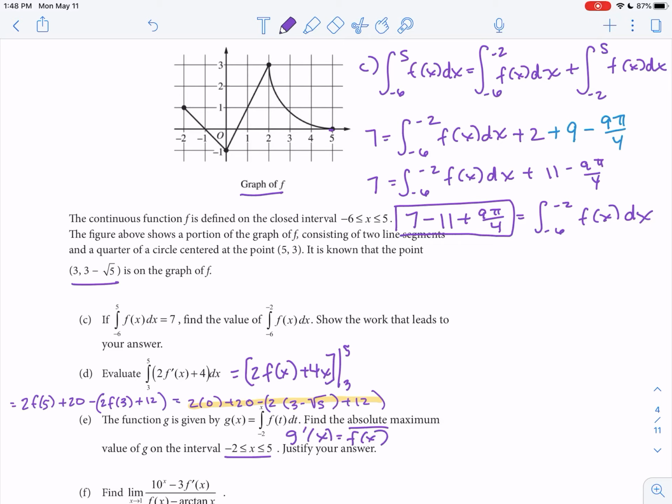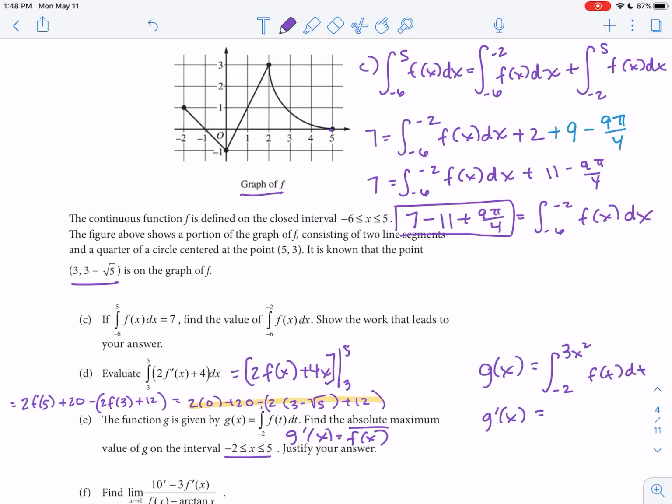If I just pause this problem for a bit, I do want to cover something. We had one like this on the second mock that there are some questions on. So if I had g of x equals the integral from -2 to 3x squared of f of t dt, and I want to find the derivative of both sides here, it's very similar.